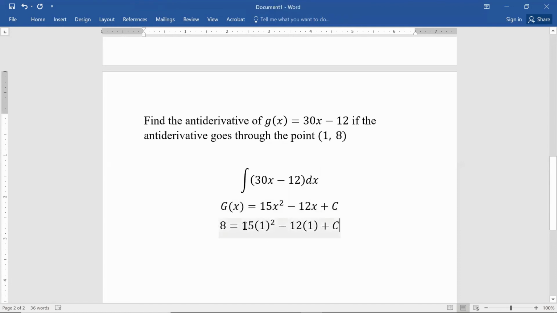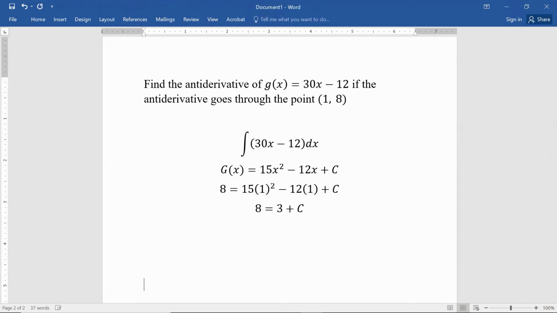If I simplify and combine like terms on the right-hand side, I would end up with 3 plus c on the right-hand side. Subtracting 3 from both sides yields a constant number, which is 5.